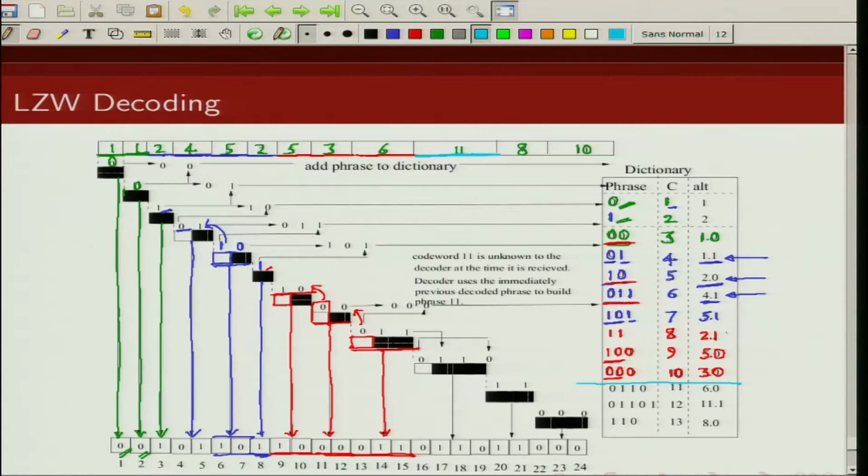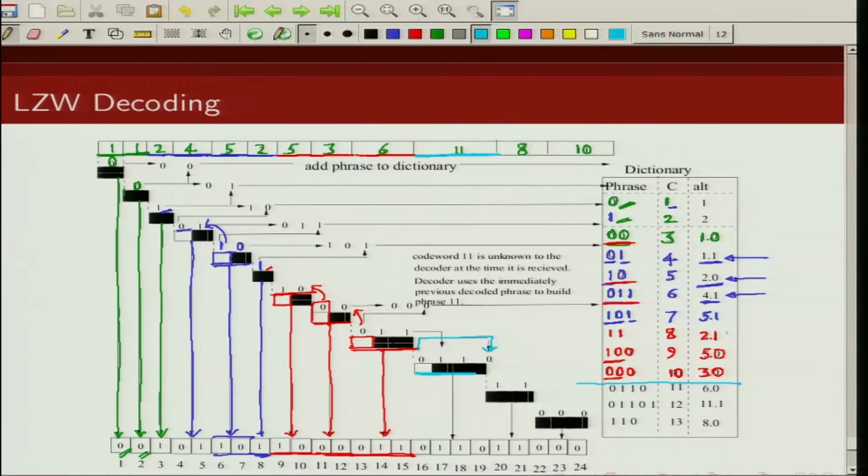Now this will happen if a string which has just been added to the dictionary has appeared. So this one should start with 0 1 1, and this bit will be nothing but the first bit of this. So this string 11 would be 0 1 1 0.